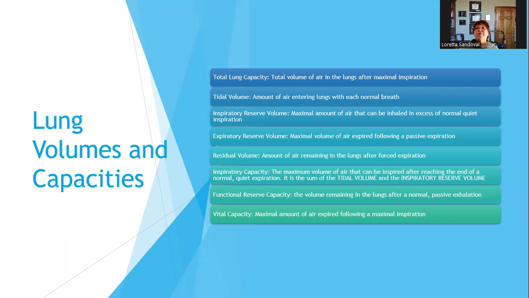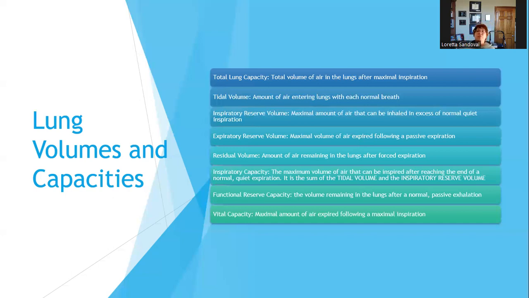Expiratory reserve volume is the maximum air expired following a passive expiration. So you passively just let your air go out, and then you exhale as much as you can after that. The residual volume is the amount of air that remains in the lungs after forced expiration. That's the stuff that's always there, so your lungs don't collapse.